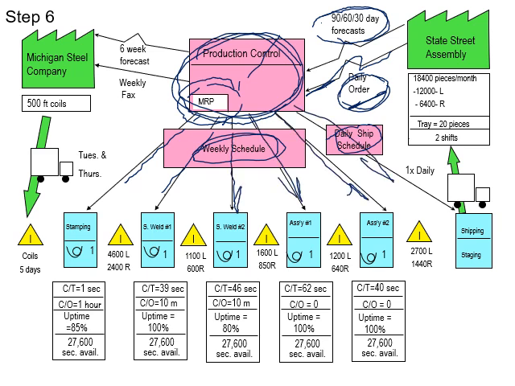So every process receives their weekly schedule. At the same time, they send a fax weekly. So there is a weekly fax here to get the raw material from the Michigan Steel Company. At the same time, according to that plan, they are giving their forecast to their supplier in order to improve the performance.